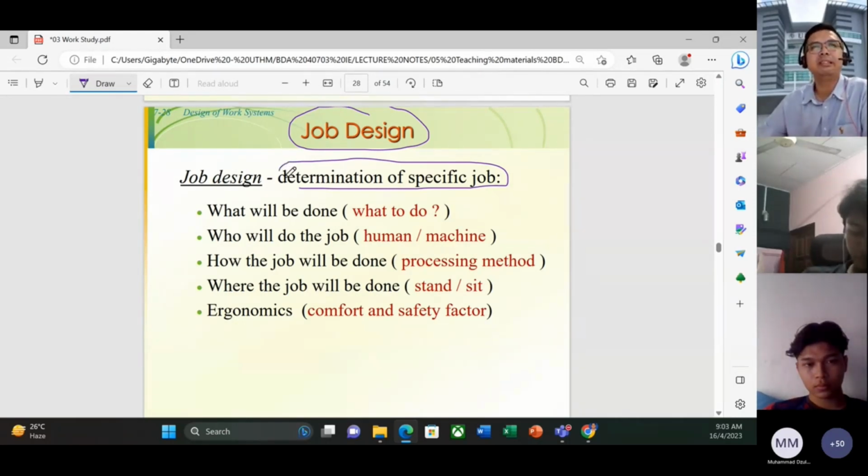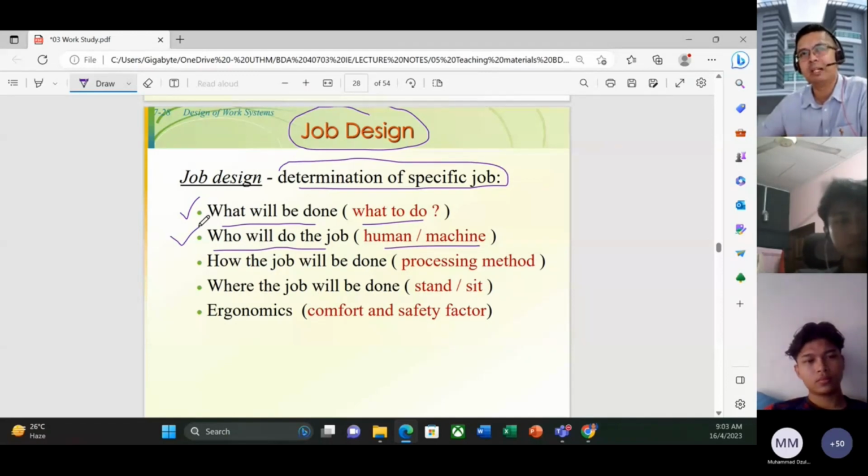Job design covers what we want to do, what will be done. The first one to remember in order to design a job: what are the job performances? What are the main tasks? Number two, who will do the job, human or machine, or human plus machine? And how the job will be done, the processing method: step 1, step 2, step 3, step 4.